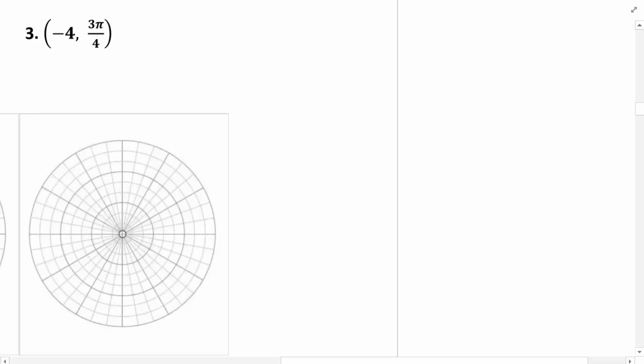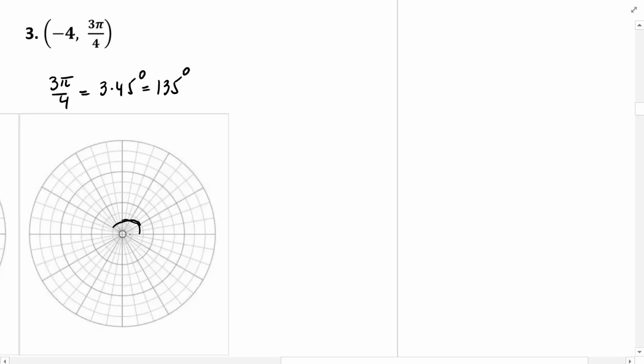And finally, the third example, negative 4 and 3 pi over 4. So 3 pi over 4 is 3 times 45 degrees. That is 135 degrees. So let's say 45, 90, 135. So it would be here, 135 degrees.